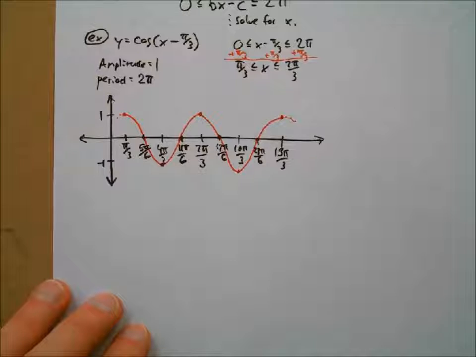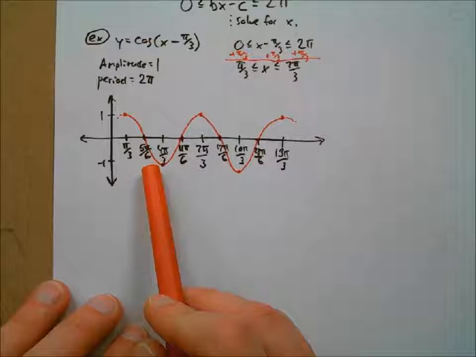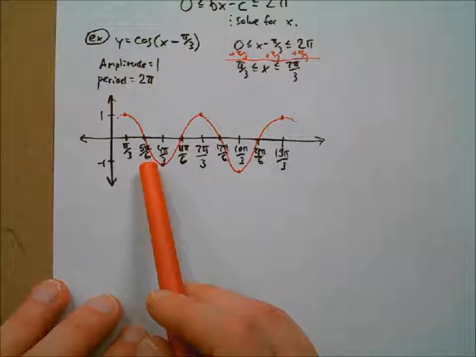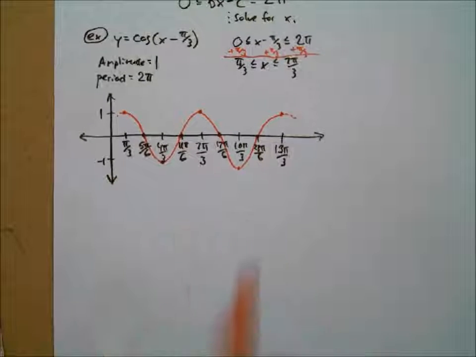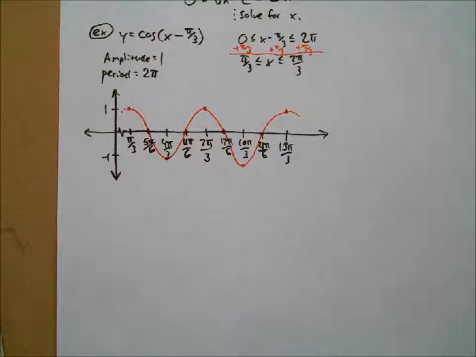I go from pi over 3 to 5 pi over 6, so I'm adding 2 pi over 6, so 3 pi, so I'm adding pi over 2. So I'm kind of jumping here, where we don't quite establish an equal interval with that first pi over 3, but then every other point after that will be equal. So you want to be careful with that.